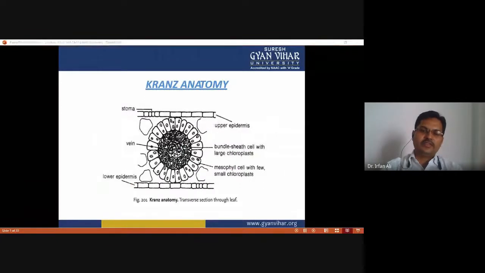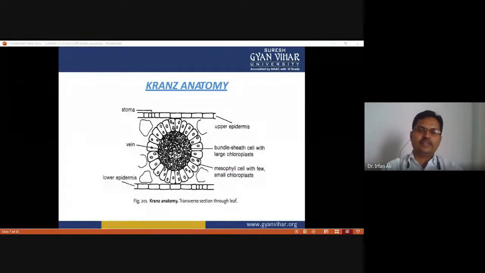Now this figure shows how this anatomy looks. You have to see that this is the upper epidermis, this is the stomata found on the upper epidermis, and this is the lower epidermis. Below the epidermis there is a layer of cells, the surrounding layer of cells, which is called mesophyll cells, with a few small chloroplasts.